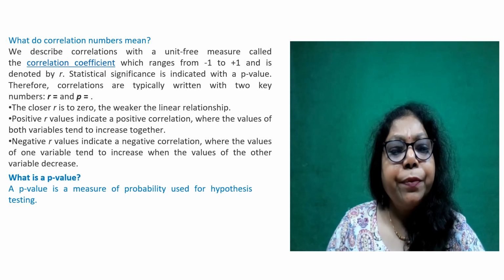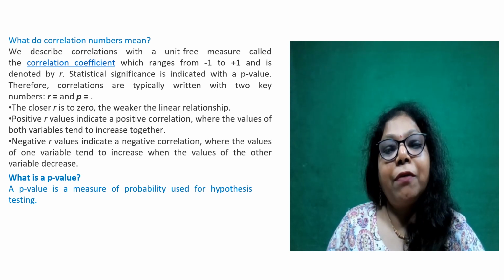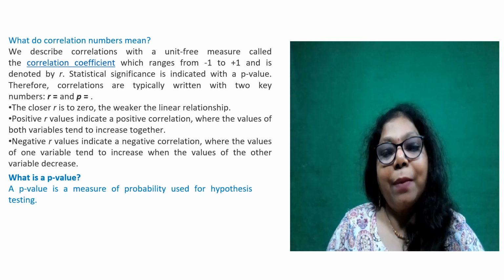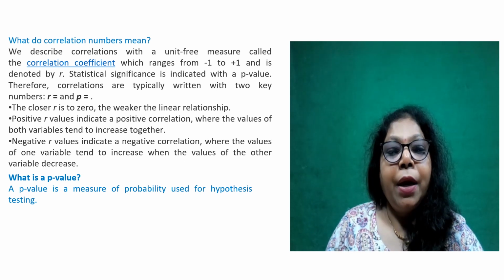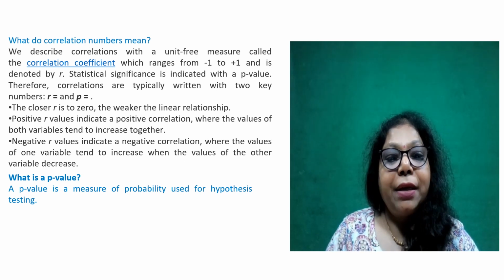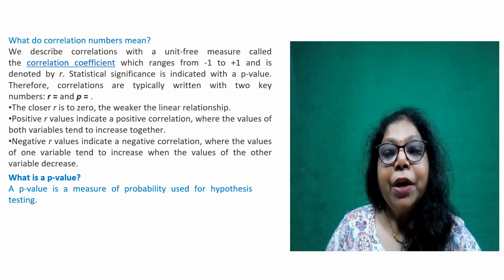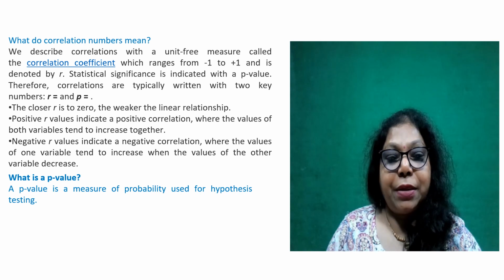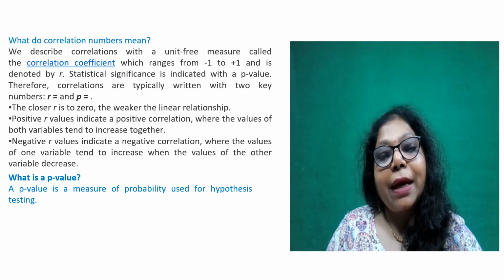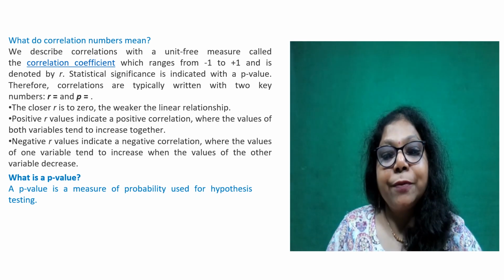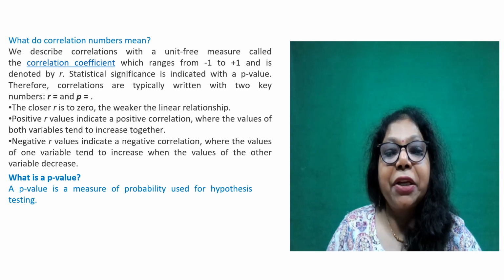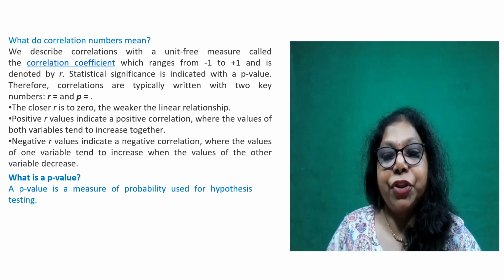Now another question arises: what is the p-value? A p-value is a measure of probability used for hypothesis testing. It indicates the likelihood of obtaining the data that we are seeing if there is no effect present. In other words, in the case of the null hypothesis, for the campsite data we have taken, this would be the hypothesis that there is no linear relationship between elevation and temperature.